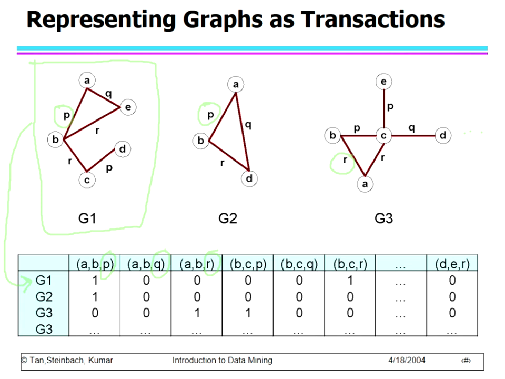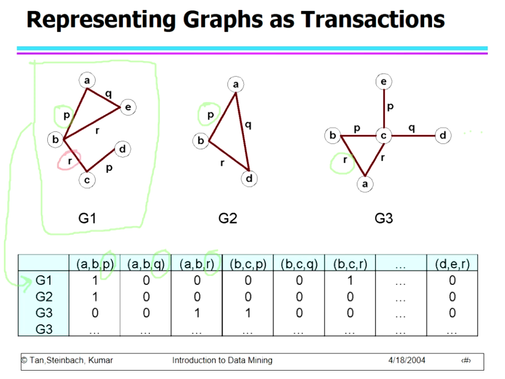For example, between A and B, we can find P, Q, or R, three possible values. For the first one, we mark 1, 0, 0. For the second one, 1, 0, 0.